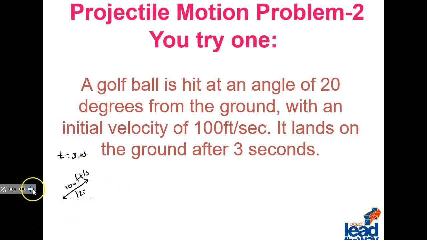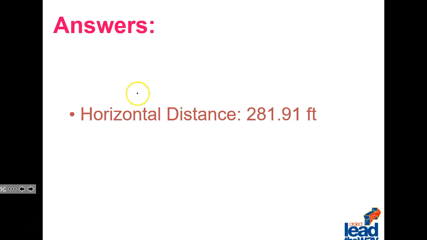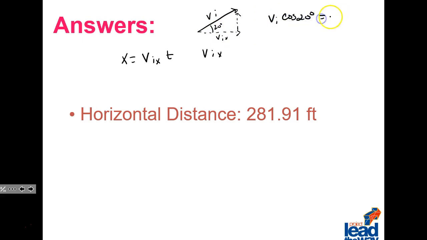So we're going to find the horizontal distance by saying the horizontal distance, x, equals Vix times t. And Vix, if we look at our triangle again, this is Vi, this is Vix, this is 20 degrees, then Vi times the cosine of 20 degrees equals Vix.